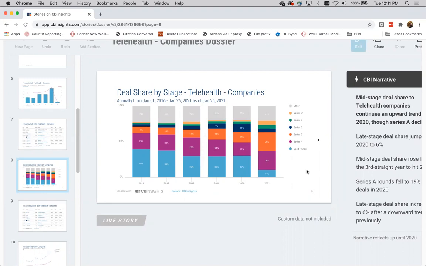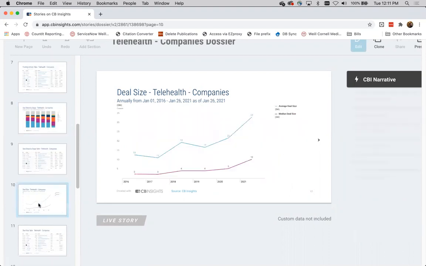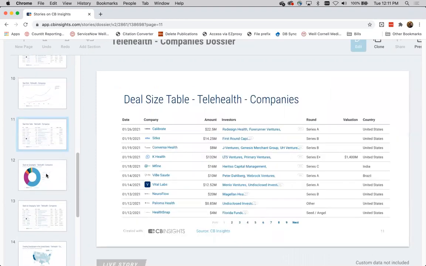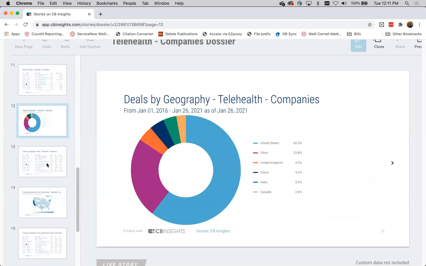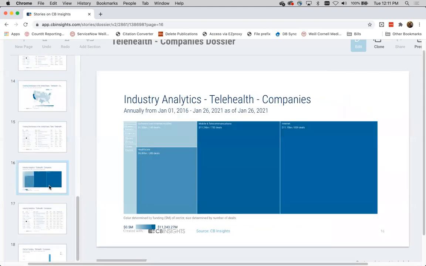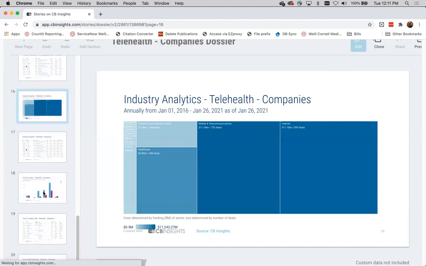Why aren't more companies doing this? Again, you can step through to deal size, what kind of companies, where they're located geographically in the US, a bit of a heat map for what types of industries the telehealth space is in.